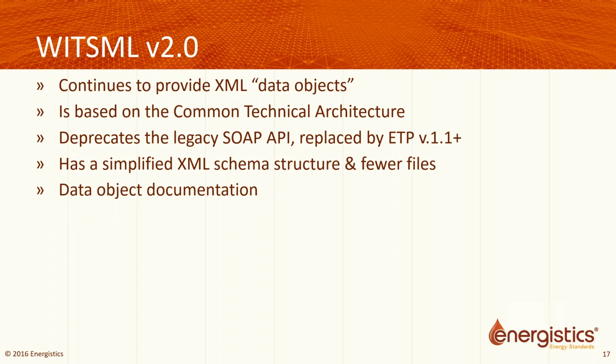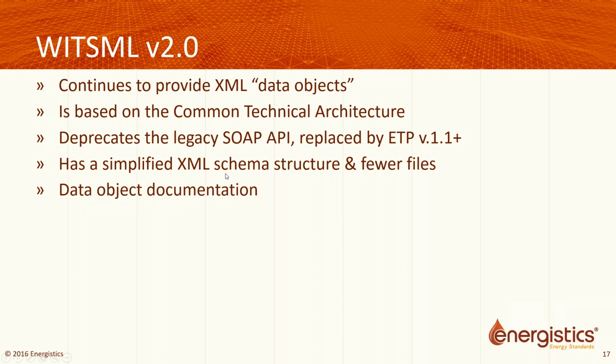So, specifically about WITSML 2. What's in WITSML version 2.0? When you look at it, it seems largely familiar. It's continuing to be based on XML, and the WITSML spec continues to have these data objects, and they're still in XML. But there are fundamental changes.